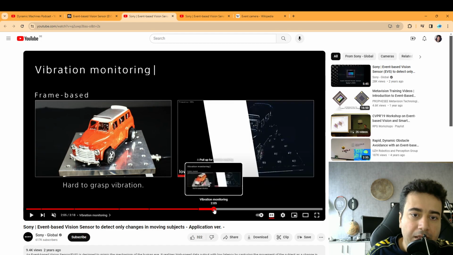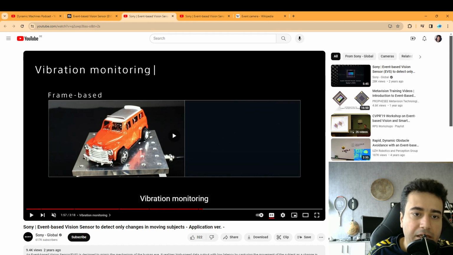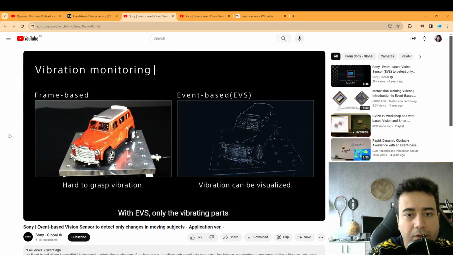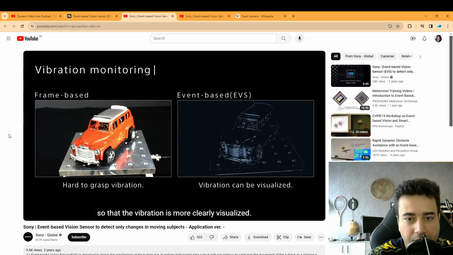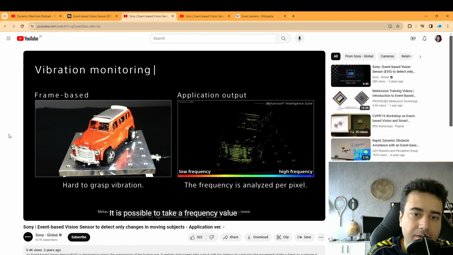It is basically frame-based. It's not really easy to detect, but with the right setup, you can see that there is actually a vibration happening, and this was really cool. I like that.